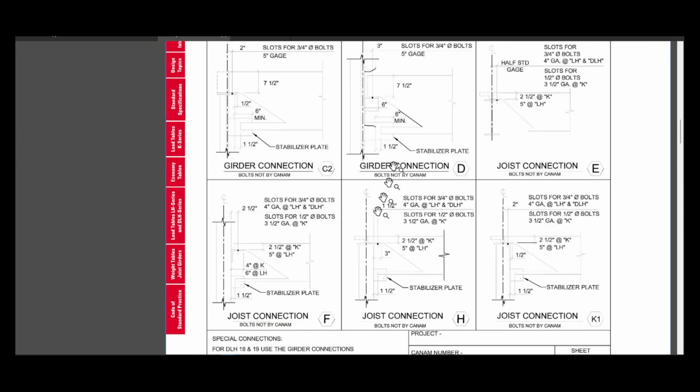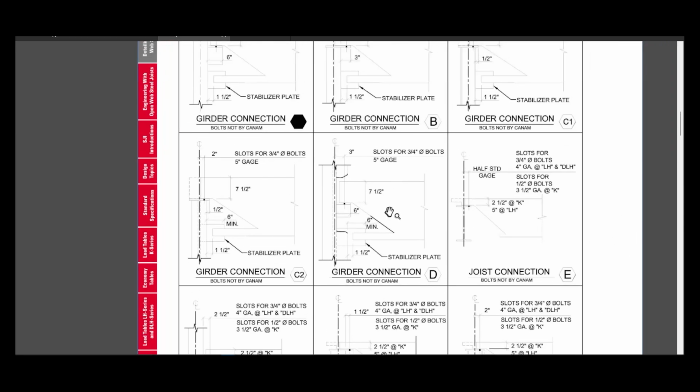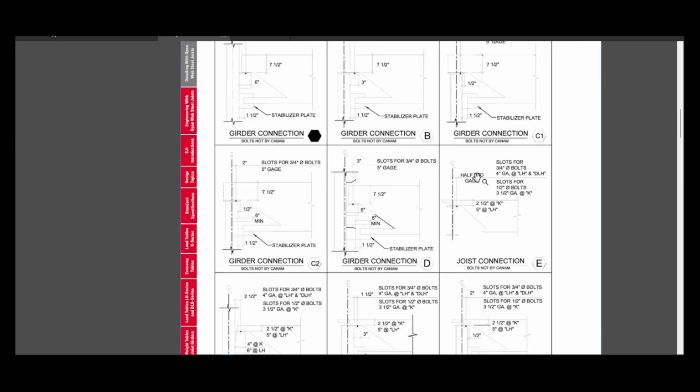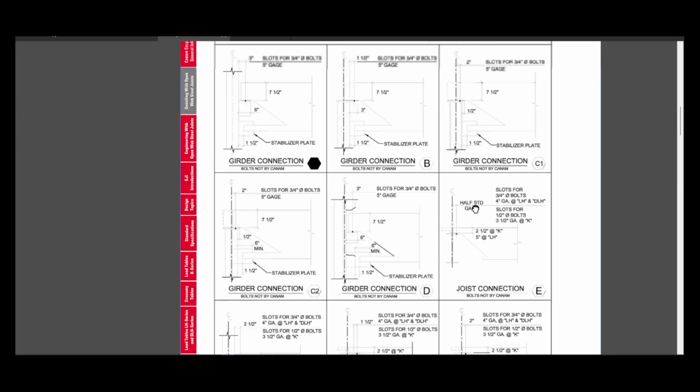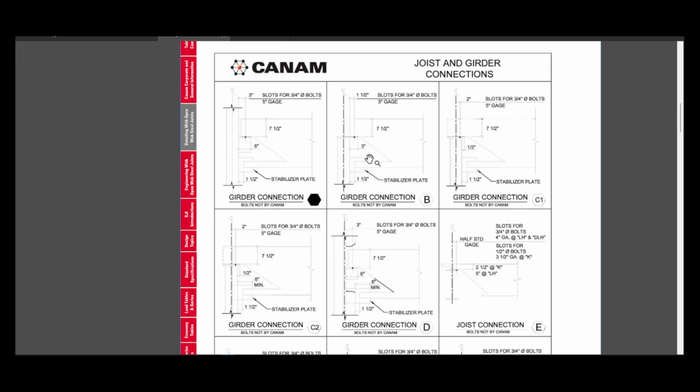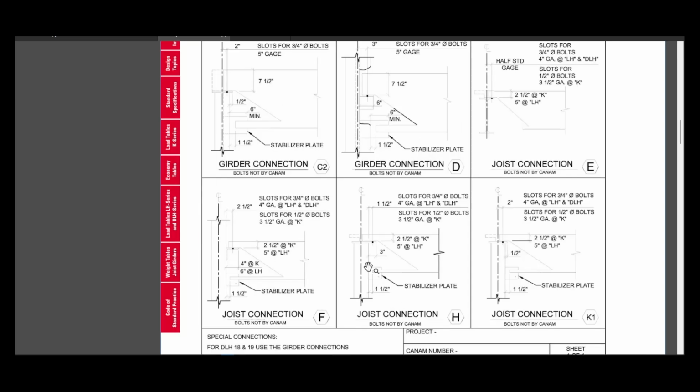These details are shown here with the standard gauges and seat depth for the K series, LH series, and for joist girders. This sheet shows the joist connection in a very simplified way, and we can easily understand how the connections will be as per the framing conditions.